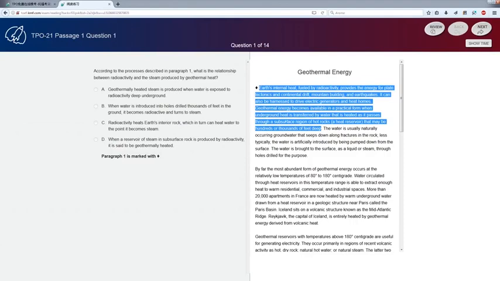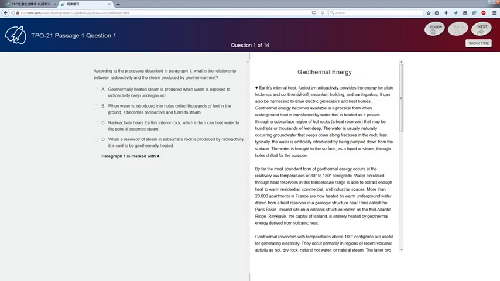So let's read. Earth's internal heat fueled by radioactivity provides the energy for plate tectonics and continental drift, mountain building, and earthquakes. It can also be harnessed to drive electric generators and heat homes. That's cool. Geothermal energy becomes available in a practical form when underground heat is transferred by water that is heated as it passes through a subsurface region of hot rocks that may be hundreds of thousands of feet deep.